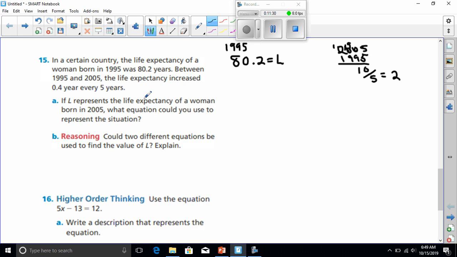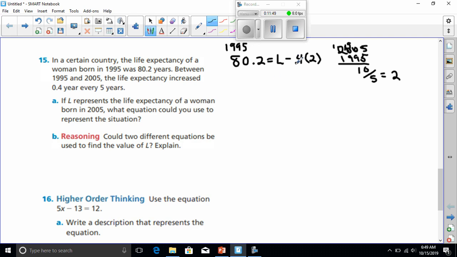It says L represents the life expectancy of a woman born in 2005, is going to be minus 0.4 times 2.